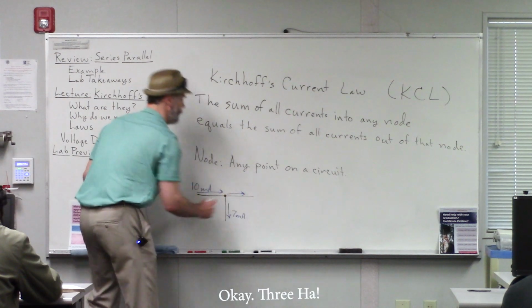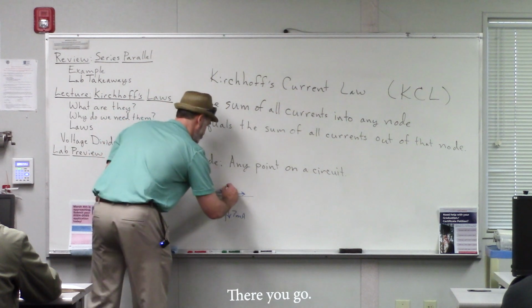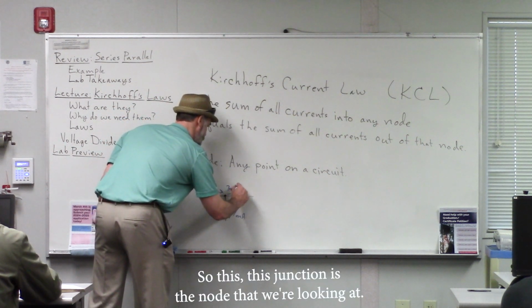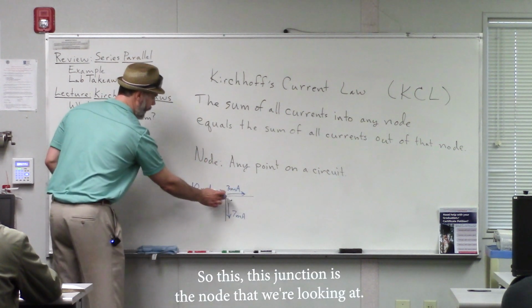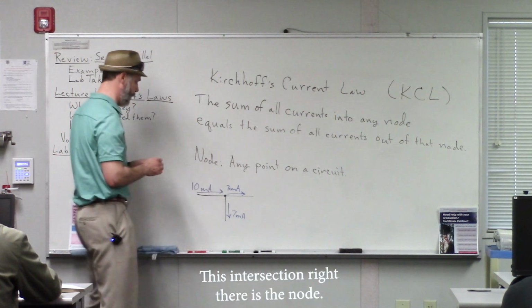How much do we have flowing that way? 3. We just used Kirchhoff's current law. There you go. So this junction is the node that we're looking at. This intersection right there is the node.